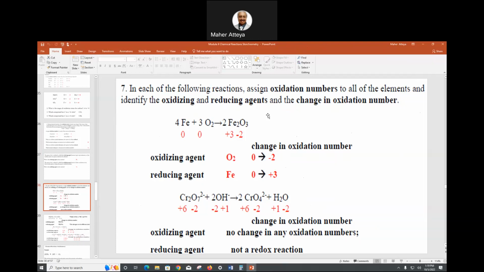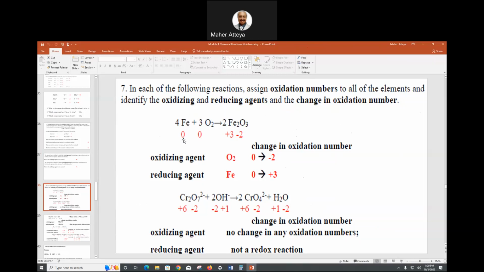Second, based on the reactants, which one is oxidizing, forcing the process of oxidation, and which one is a reducing agent? Agent means chemicals. When I say agent, it is a chemical, correct? So let's look at this.